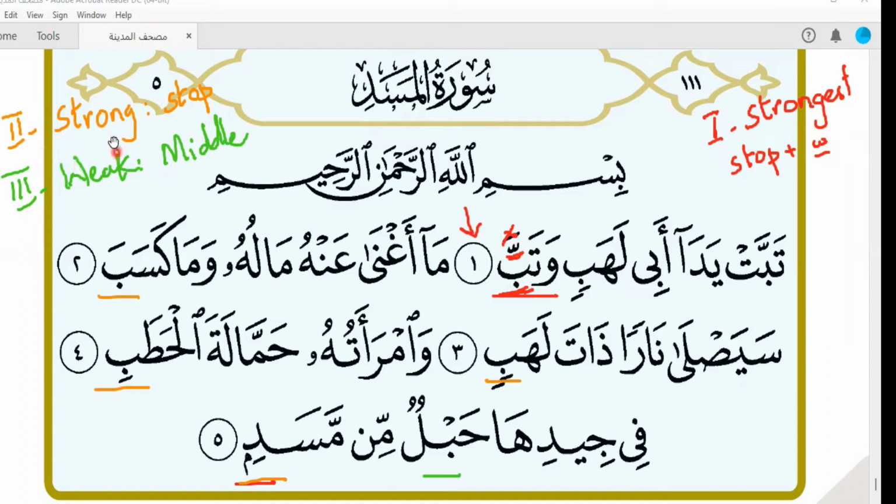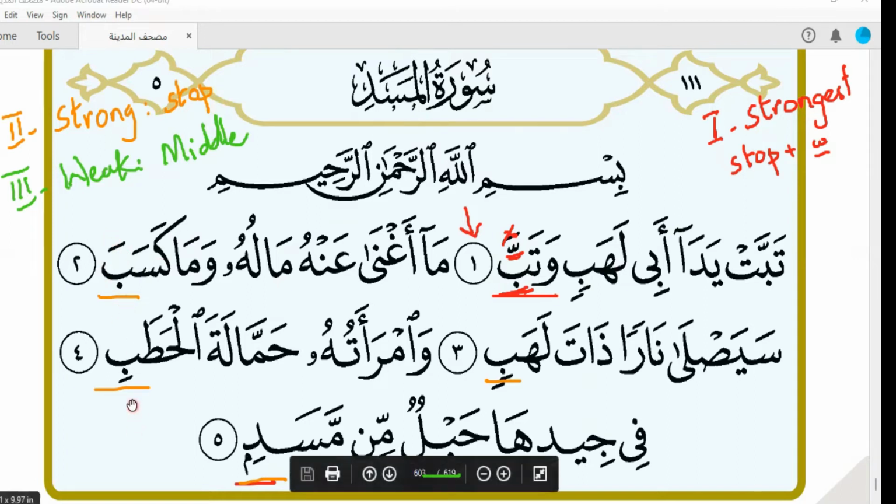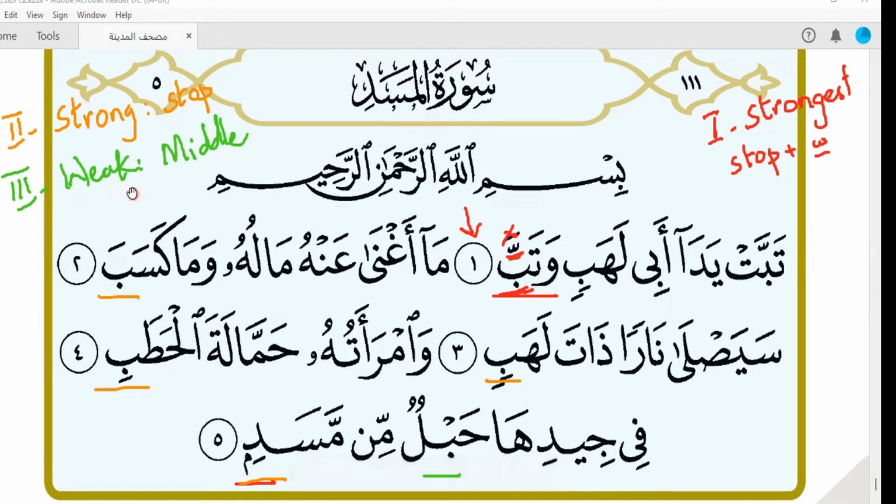The second level is strong, which is when you stop at a qalqala letter applying only the sukoon, like kasab, hatab, lahab, masad. It should be al-hatab, with al. Then the third level is the weak qalqala, which happens if the qalqala letter is in the middle of a word or in the middle of a sentence with a sukoon.